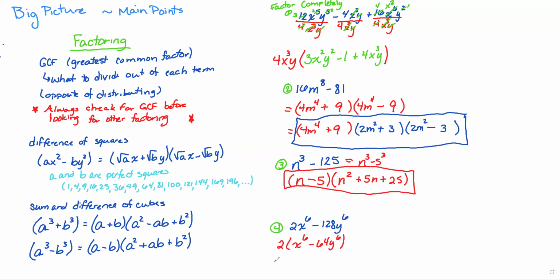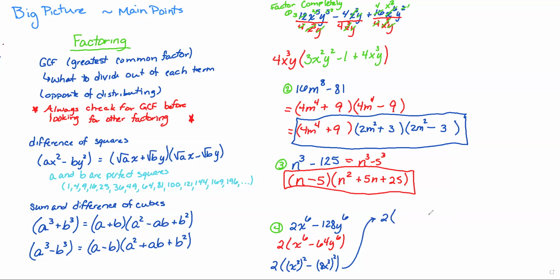So I'm going to call this 2, and then I'm going to say that this is x to the 3rd squared minus 8y to the 3rd squared. So it's a difference of squares. So I still have that 2 hanging out.